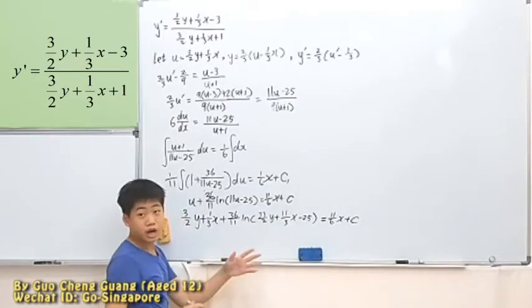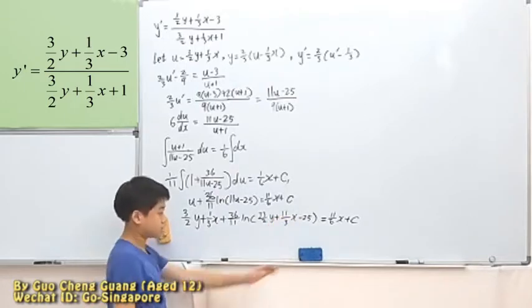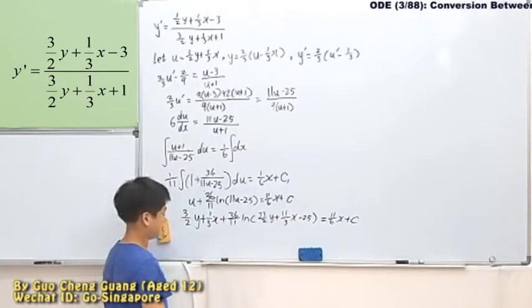Then we just arrange this, for example put the constant C on just one side.